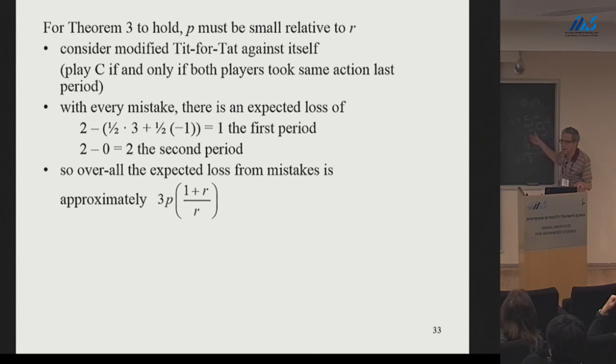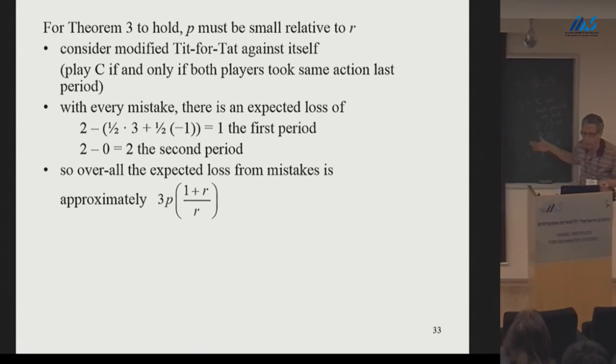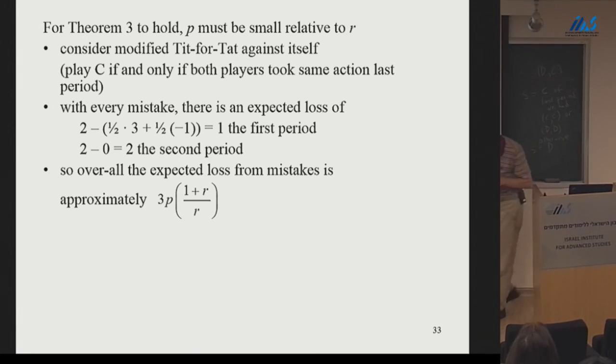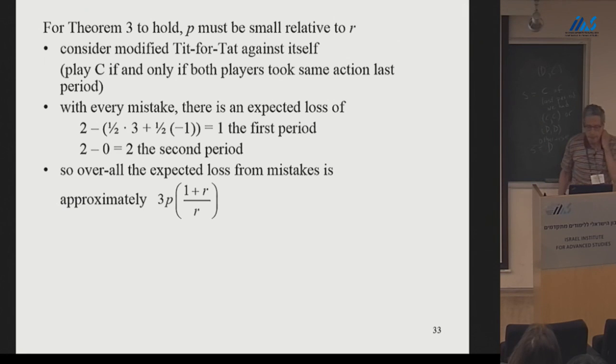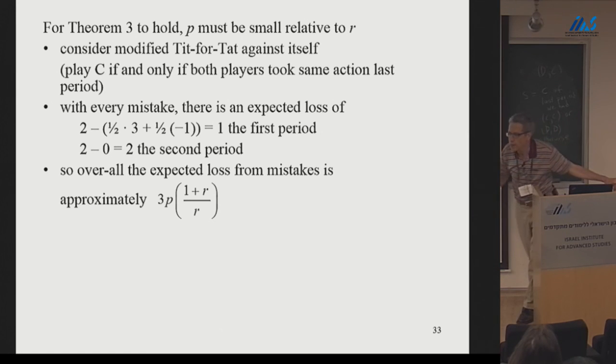Let's look at this perfect tit for tat that we've looked at, and let's suppose that perfect tit for tat plays against itself. It's going to start out cooperating, but there's always a chance that a mistake will be made.